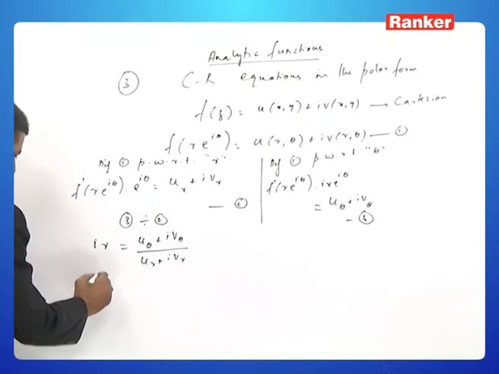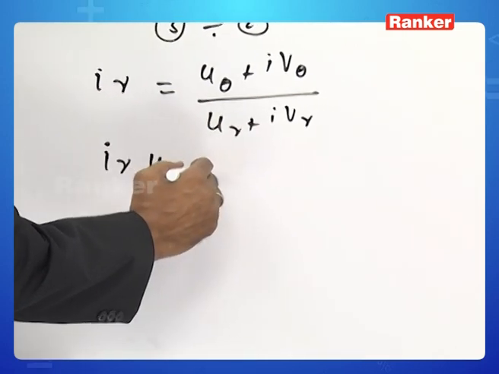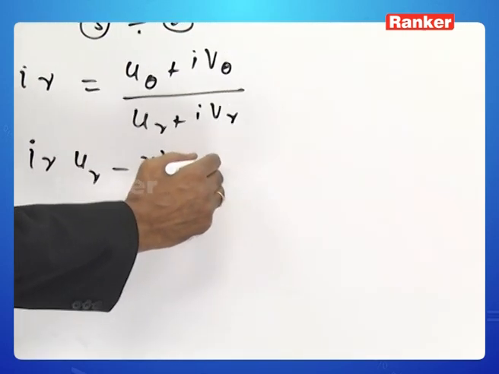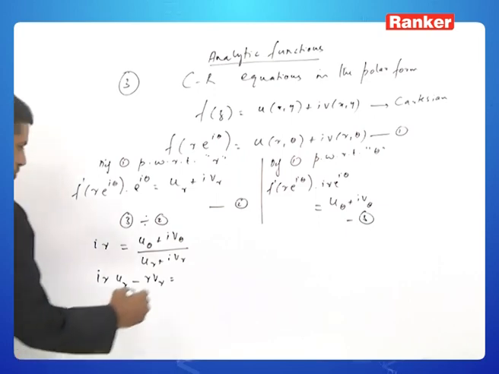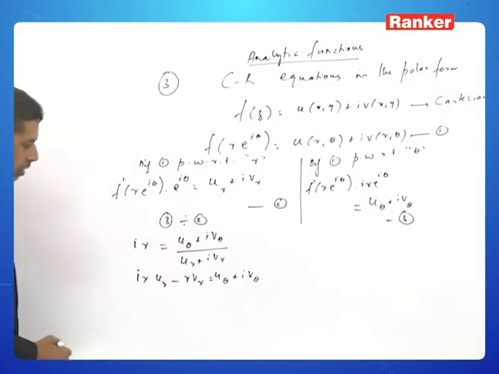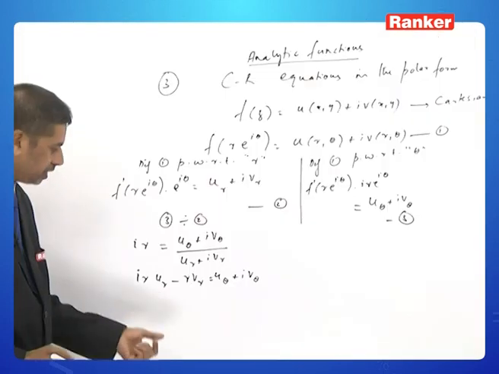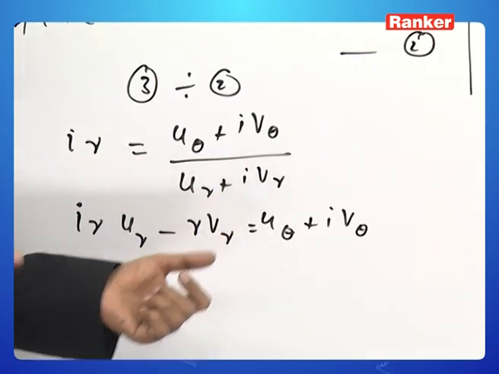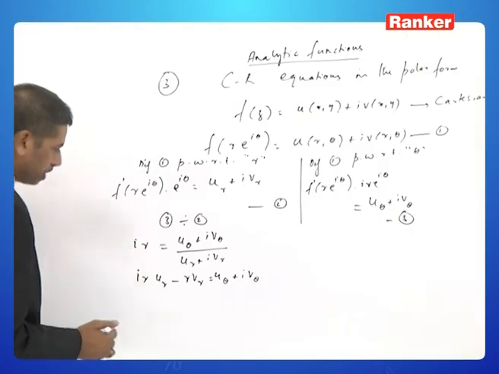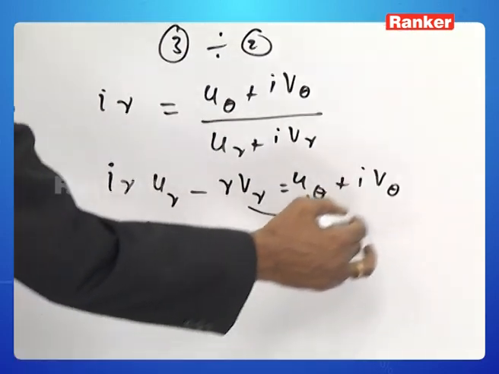We will cross multiply: i r ur minus r vr, because i square is equal to minus 1, equals u theta plus i v theta. So we have got a complex quantity on the left side and a complex quantity on the right hand side. When two complex quantities are equal, their real and imaginary parts must be equal. So you can equate these two real parts, you can equate these two imaginary parts.